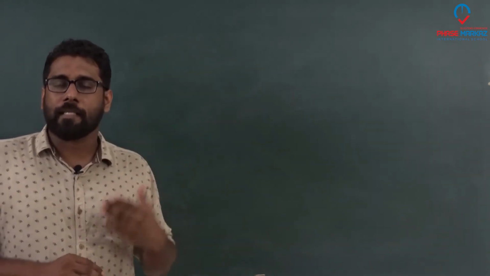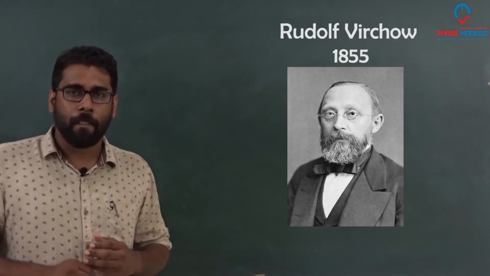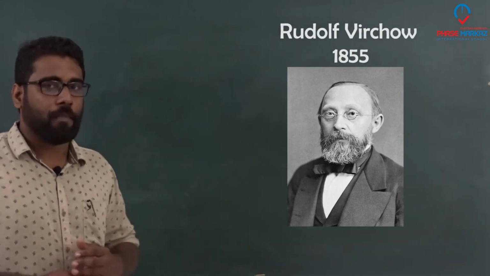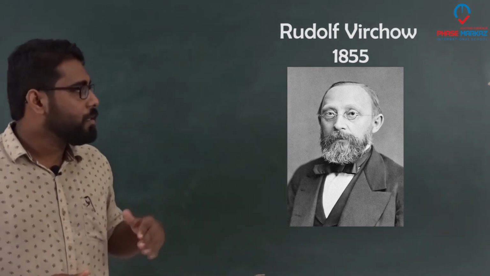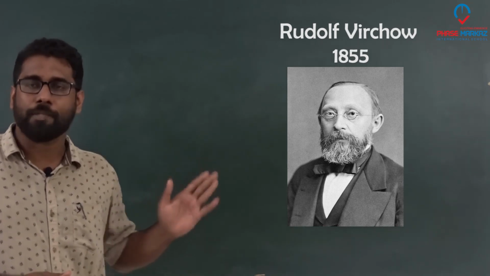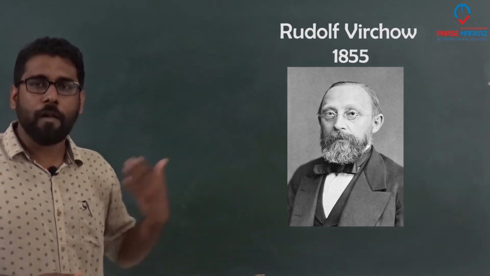Another scientist, in 1855, Rudolf Virchow, came up with a statement that disproves the second argument of Theodor Schwann and Matthew Schleiden on how the cells arise. Rudolf Virchow came up with strong evidence.